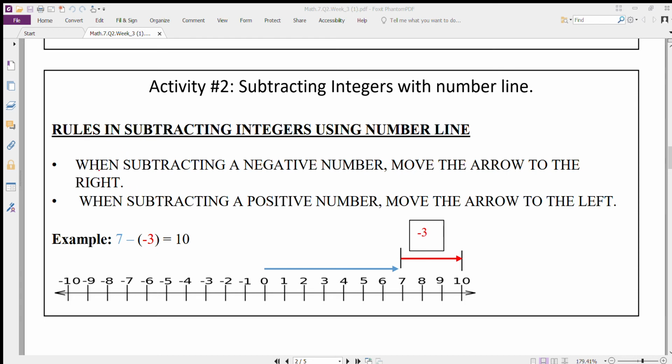How about this? Pause the video. Okay guys, hopefully you unpaused the video. Let's try negative 7 minus 4. Let's change.